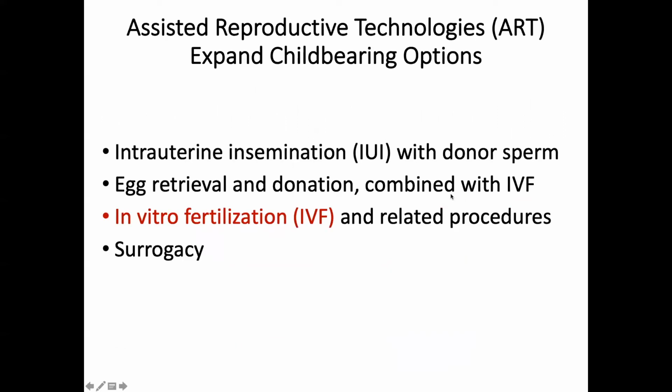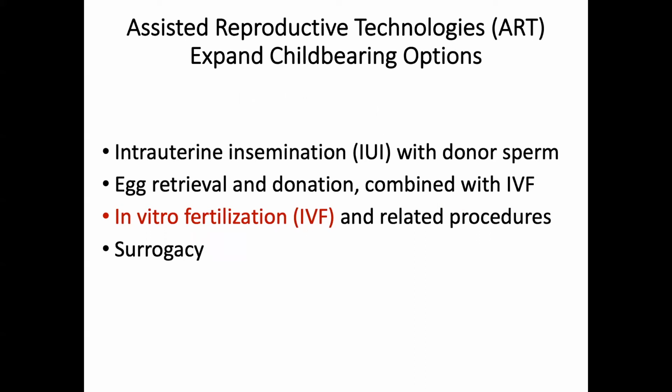Due to these many cases of infertility, many assisted reproductive technologies, also named ART, have been developed to expand the childbearing options. Here I name a few, okay? These include intrauterine insemination with donor sperm.